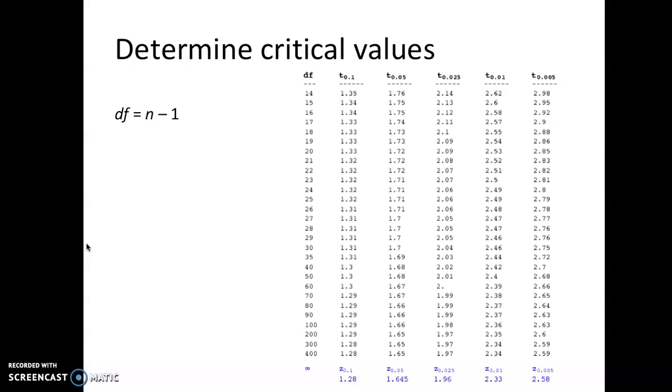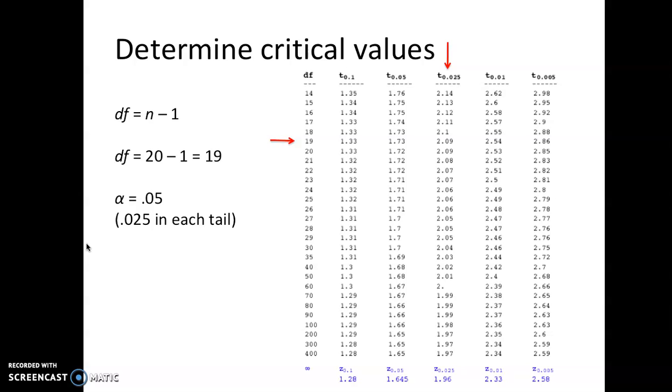Our degrees of freedom is 20 minus 1, so we will go down to 19 in the first column of our critical t score table. For this example, we're going to use a two-tailed test, so we'll go over to the 0.025 column.